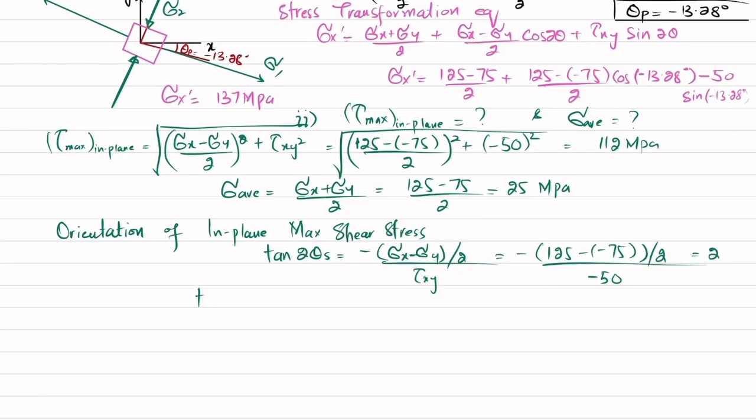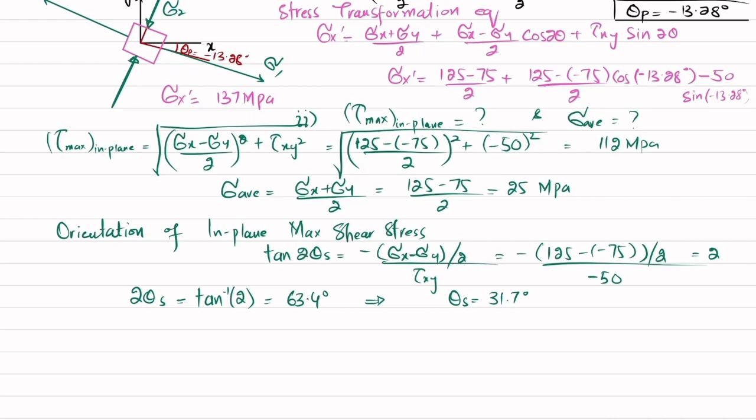So we will get tangent inverse of this 2 will be equal to 2 theta s, and this 2 theta s will be equal to 63.4 degree, or theta s will be equal to 31.7 degree.